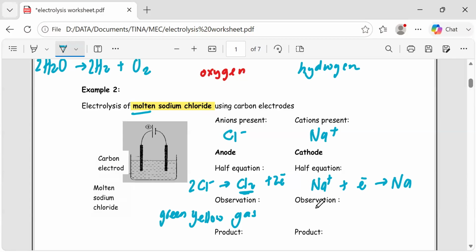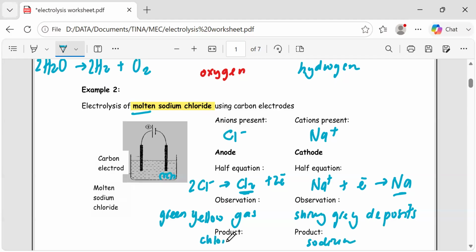Okay, observation for sodium. Remember it's a metal. It's so hot, right? The metal will sink to the bottom. So you will see globes. So it's shiny gray deposits. So the product is sodium.